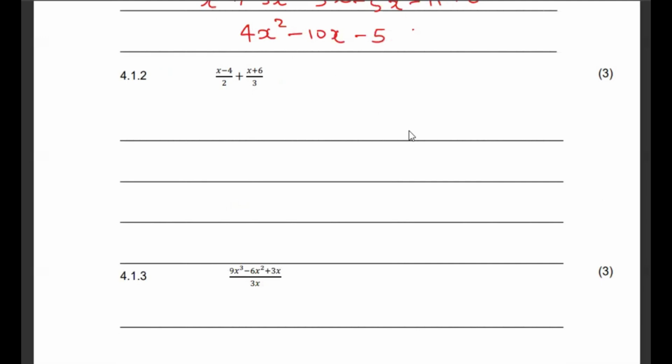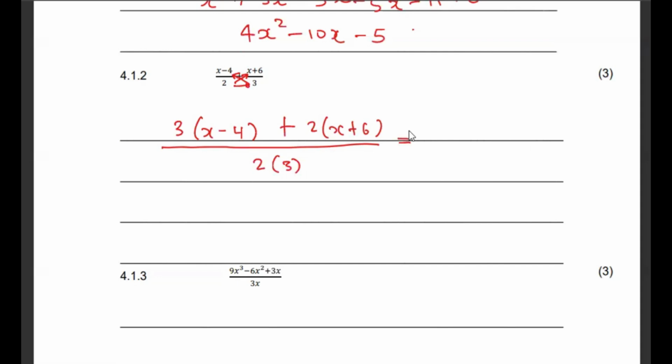And then 4.1.2, we can use the crisscross. So this multiplies that, this multiplies that, this multiplies that. It's going to be 3 into x minus 4 plus 2 into x plus 6, divided by 2 times 3. Open up the top part.